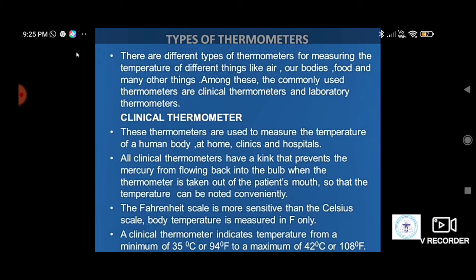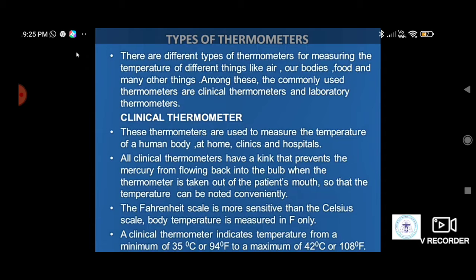Among these, the commonly used thermometers are clinical thermometers and laboratory thermometers.